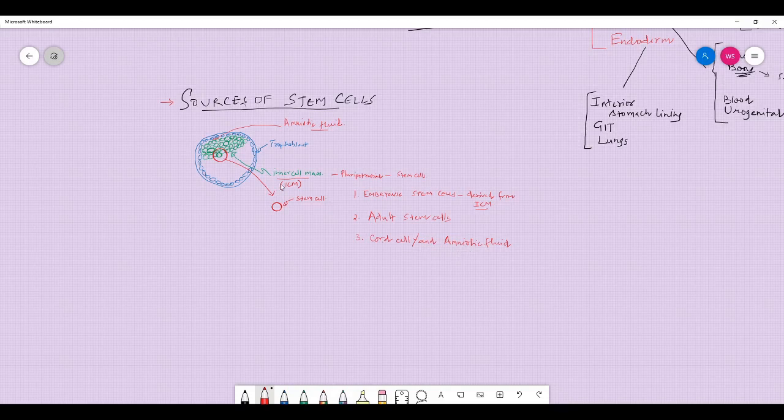So when the fetus comes out, when the baby is born, what happens? The baby is attached to the placenta, so the trophoblast cells give rise to the placenta. The infant is connected to the placenta by the cord.